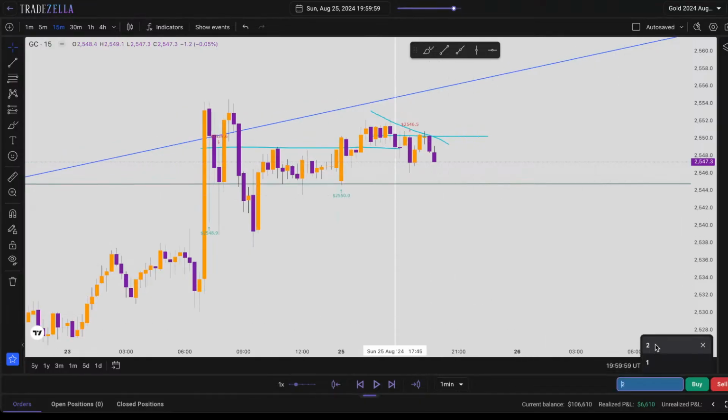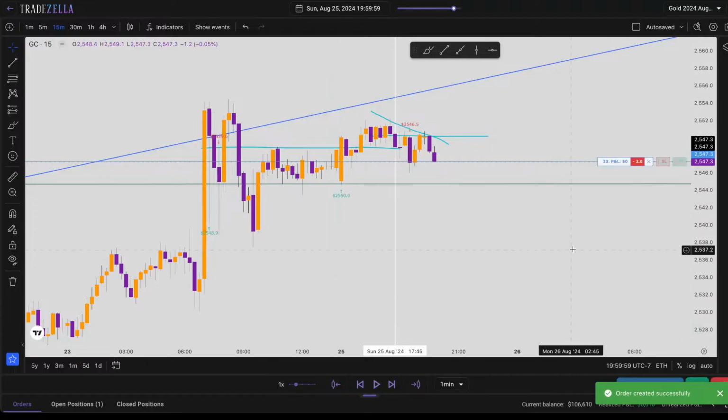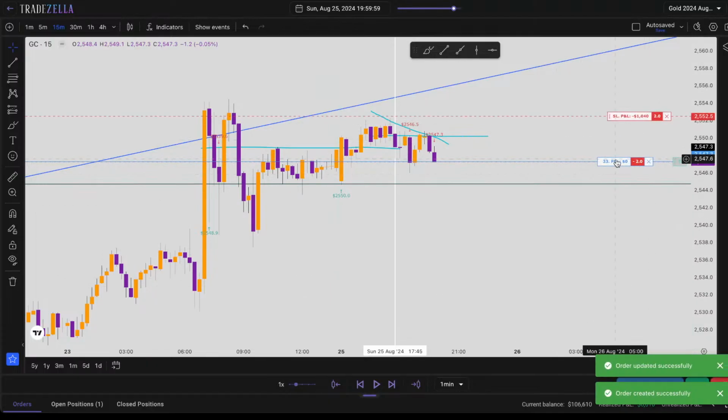And we're going short. And my stop loss, I'll give them 1,000.